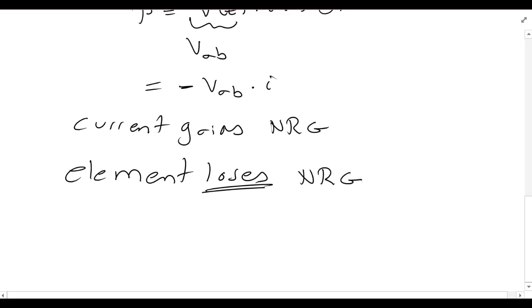And that's where that negative sign comes in. The element is losing energy at a rate of negative VAB times I. This is how quickly it's losing energy to the current.